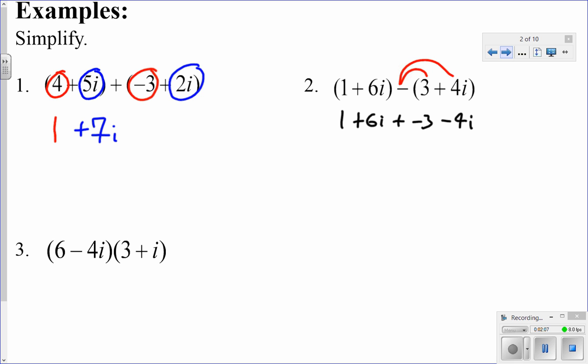So my real parts, 1 and -3, I get -2 is my real part. My imaginary part is 6i minus 4i, and I will get plus 2i. And there is my solution there.